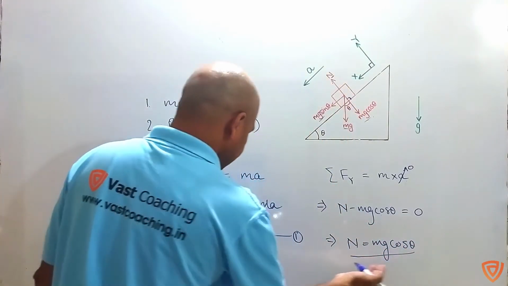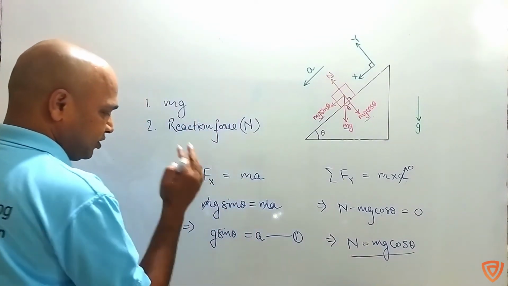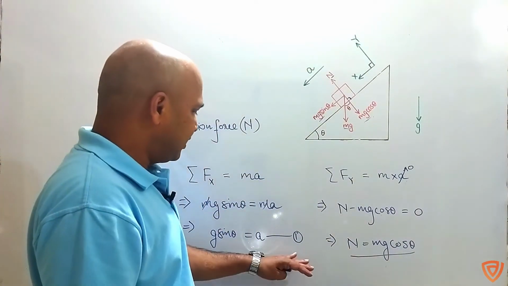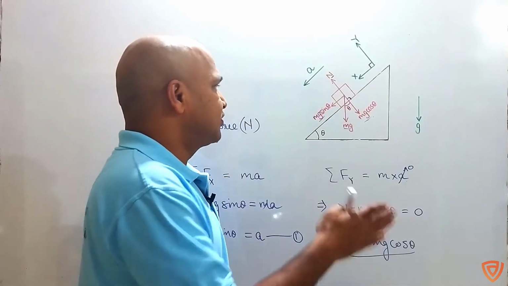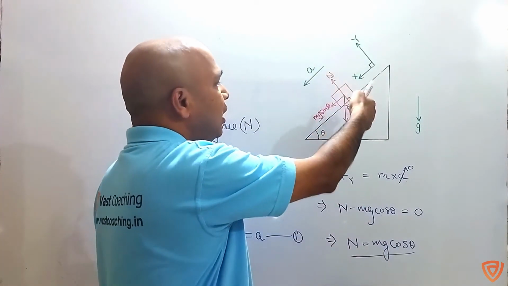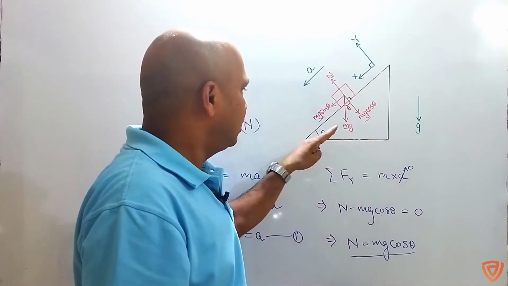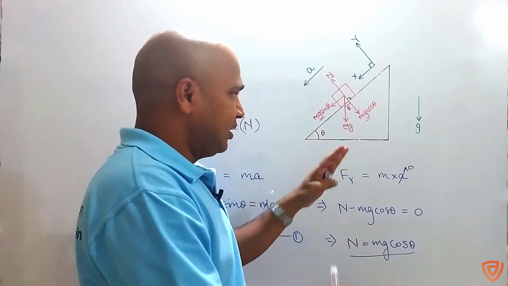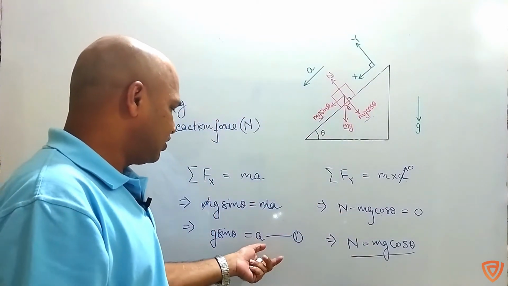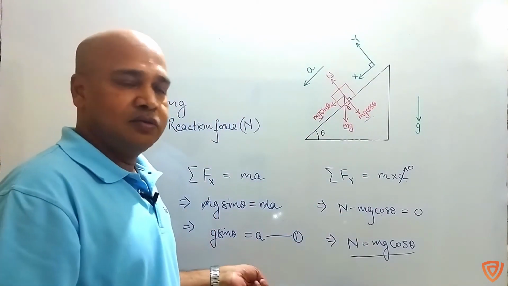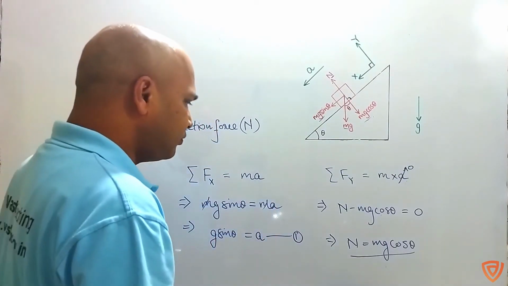This will be the reaction, this will be the acceleration. All right. So in this condition there is no external force acting on the block; it is simply kept on a triangular inclined wedge. So of course it will start sliding down, and the acceleration of sliding will be g sin theta. That's pretty simple.